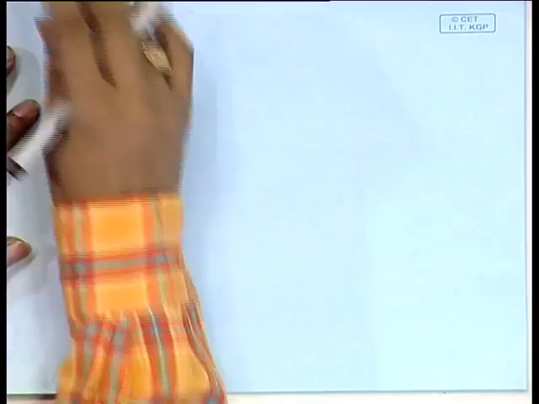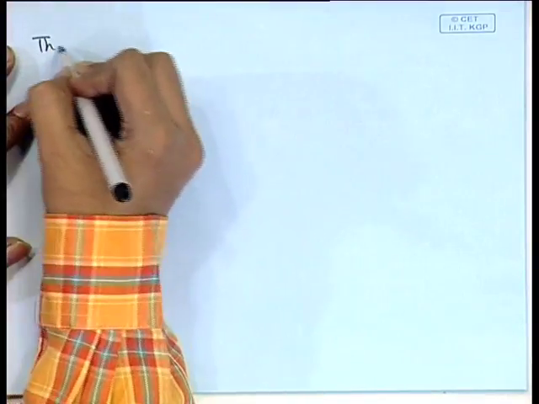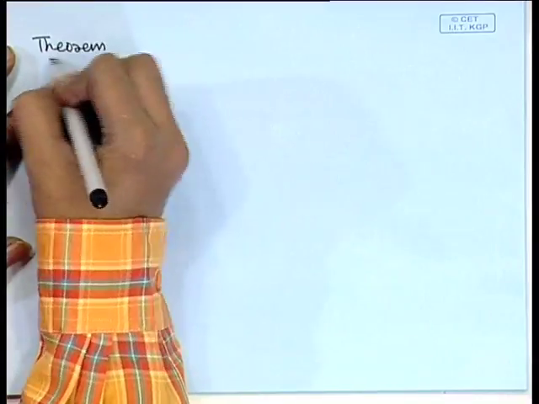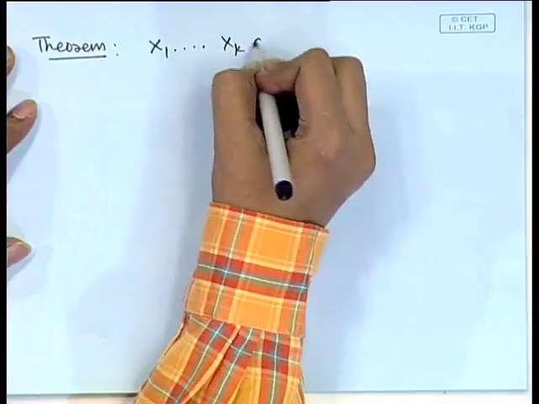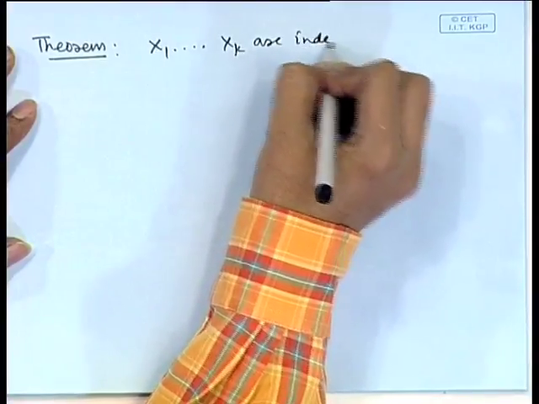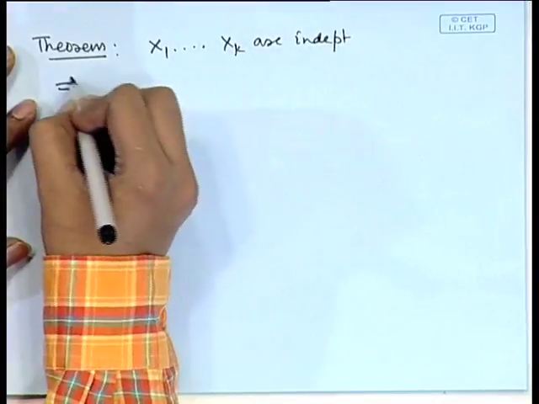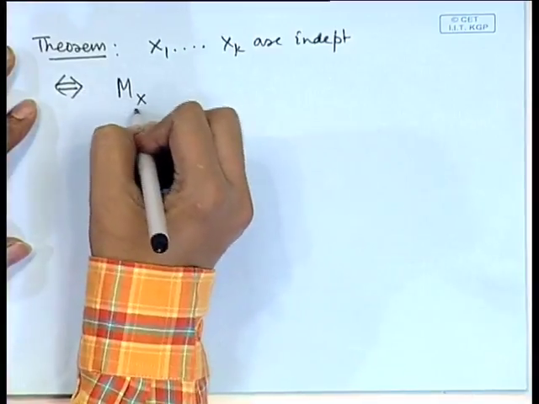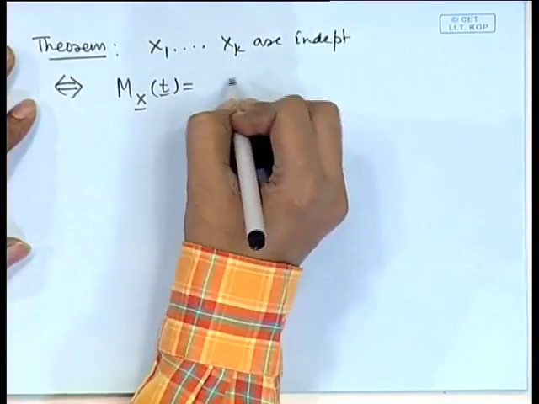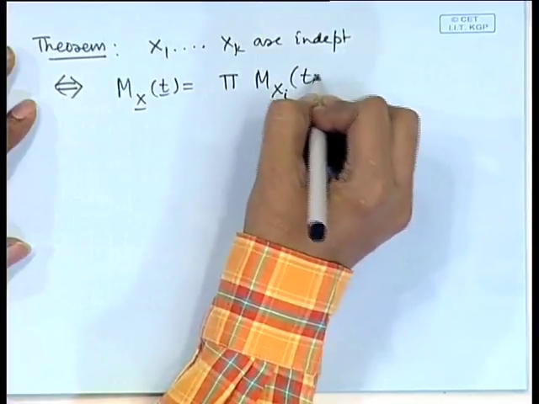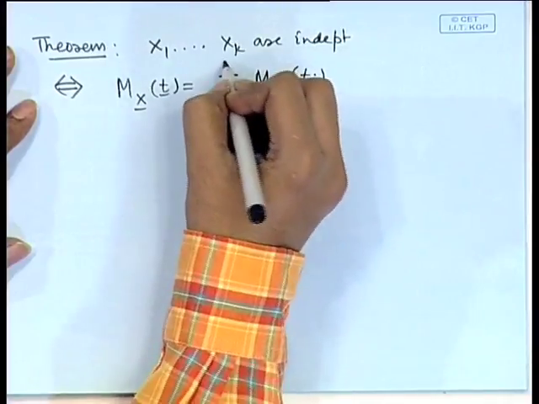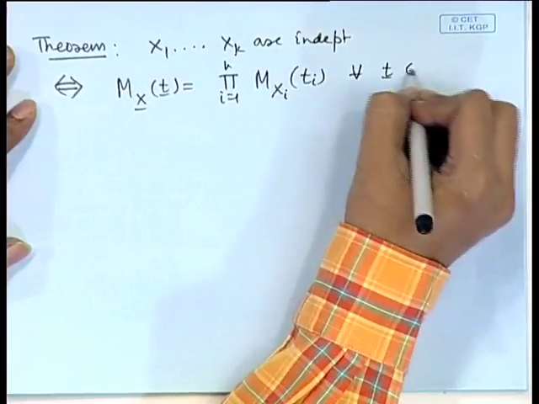Using this, we can prove the theorems as in the case of bivariate, that X 1, X 2, ..., X k are independent if and only if the joint MGF is the product of the individual MGFs for all t.